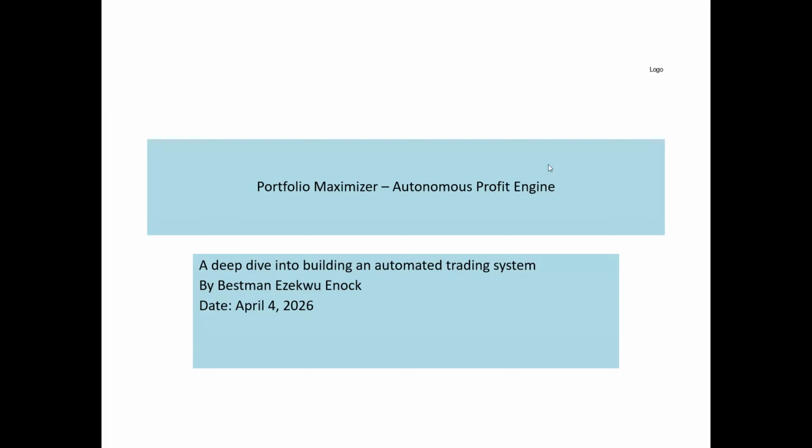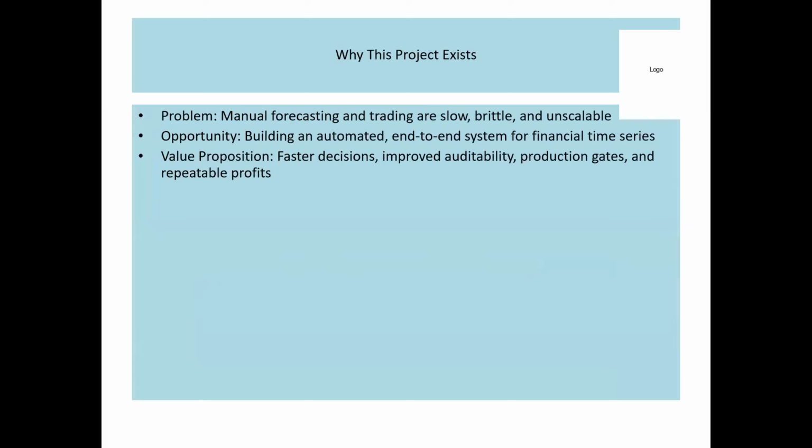I have a slide prepared for this presentation. So I go to the next slide, which is about the project. Why am I engaging in this? We have people who do manual trade forecasting. They use trade signals. They involve a lot of people and teams.